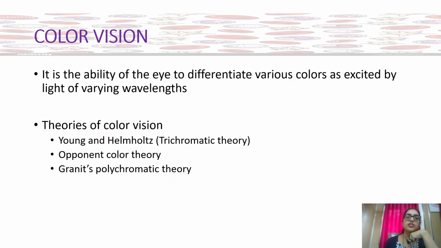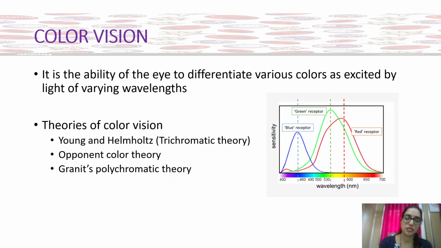Coming to color vision. Color vision is the ability of the eye to differentiate various colors as excited by light of various wavelengths. So we have the most heard of theory, that is the Young and Helmholtz trichromatic theory, which says that there are three types of cone receptors which are responsible for each primary color, that is red, blue and green.